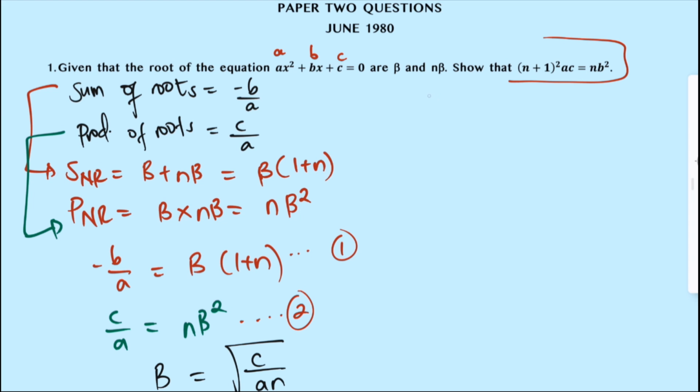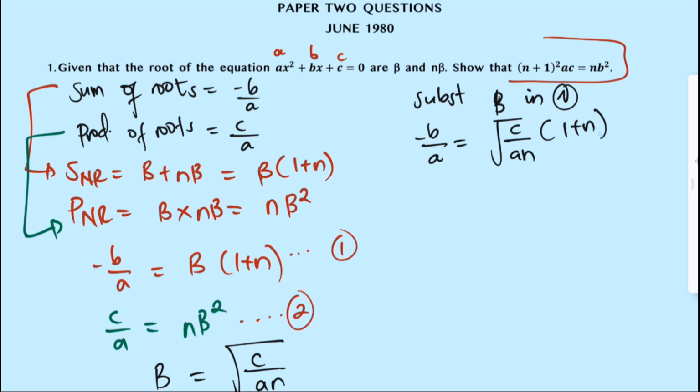And then now I'm just going to substitute beta in equation number 1. Okay, this will be negative b over a equal to the square root of c over an times 1 plus n.